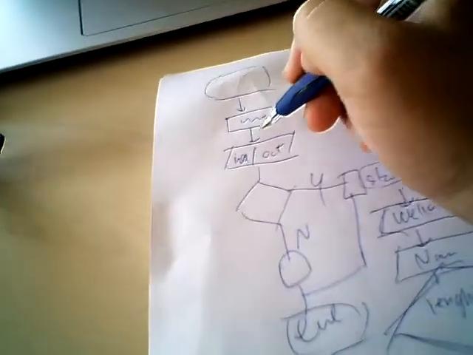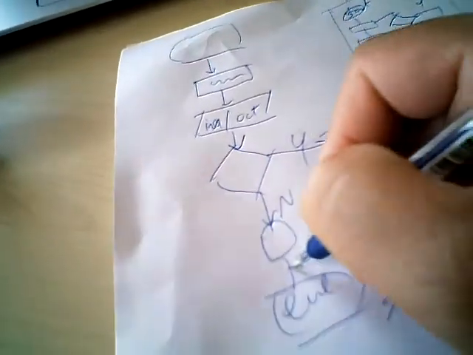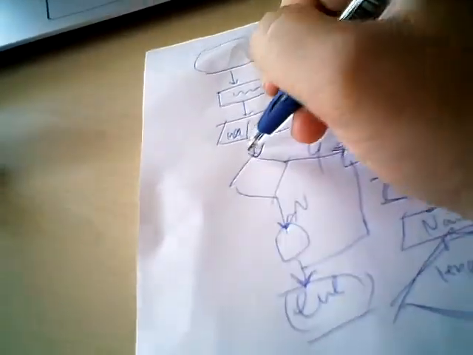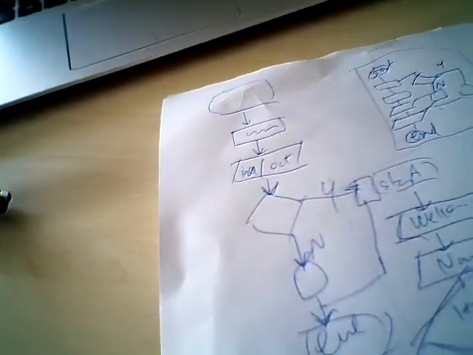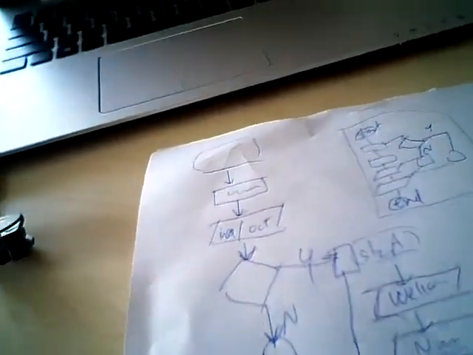There is decision, and decision must have yes or no, and then another process, and then end, and every line is actually arrow to show direction, that it goes from top to down or left to right. Okay, so this is not a difficult diagram.